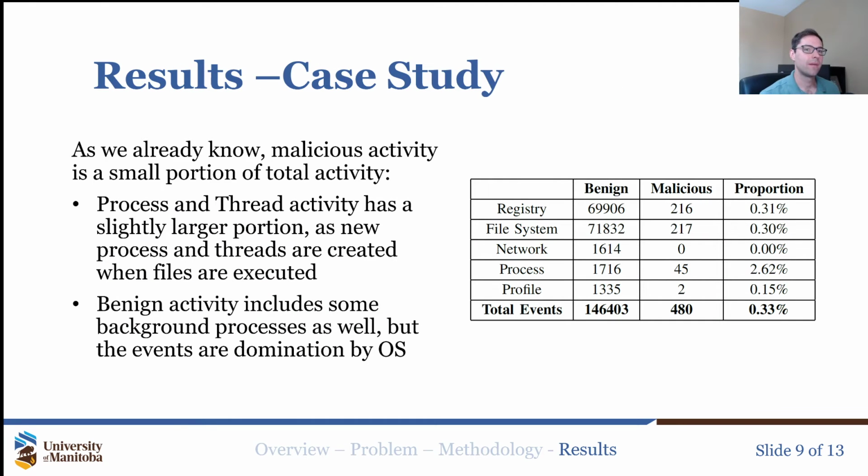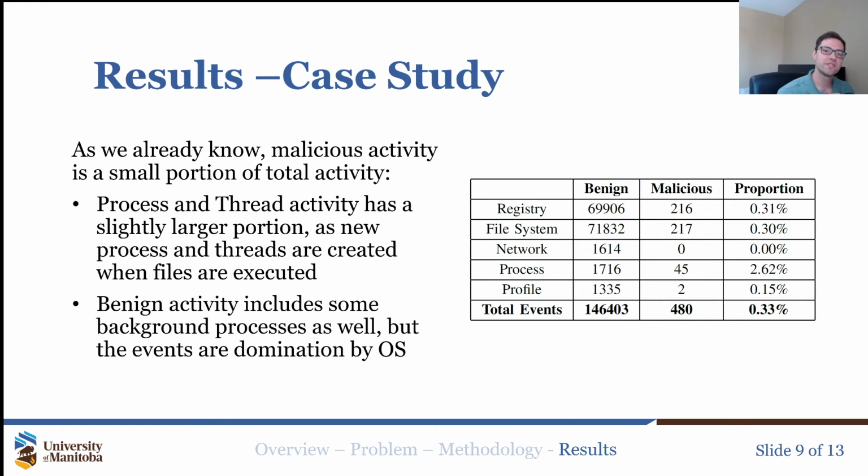So for our case study, as we know, malicious activity represents a small proportion of total activity. If we look at the benign activity within the full execution of the Emotet malware, in total you had about 146,000 benign event activities.